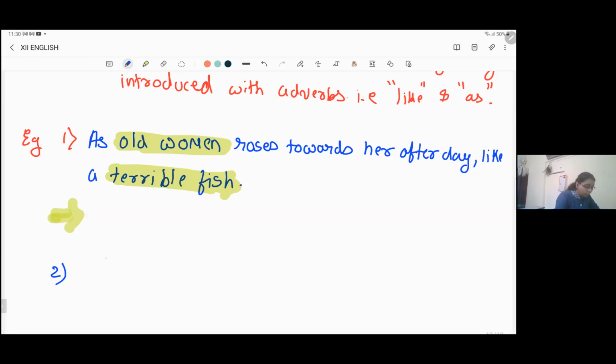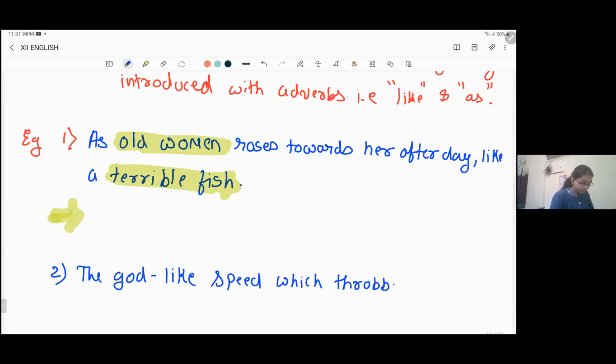Write down the god-like speed, which throbbed in this white wing.